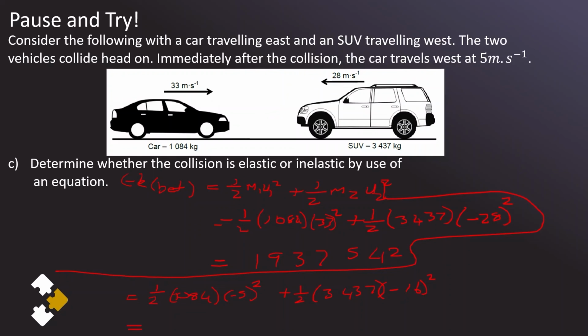So 0.5 times 1084 times 25, and then plus and that gives us 453,4860, and therefore the collision was inelastic.